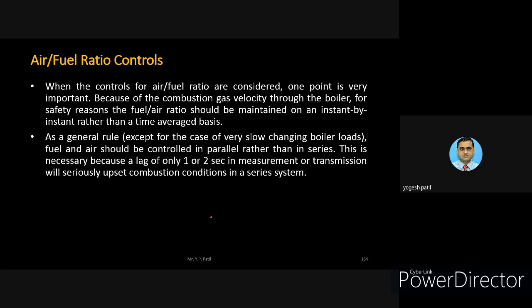Sometimes the load demand is not very fast, and sometimes the demand is very fast. So parallelly we have to control the fuel as well as the air. This is necessary because a lag of only 1 or 2 seconds in measurement or transmission will seriously upset combustion conditions in a series system. So series systems are not preferred in boilers, parallel systems are preferred in boilers.